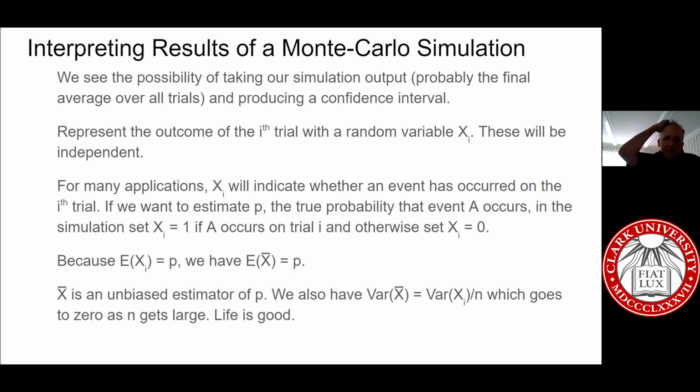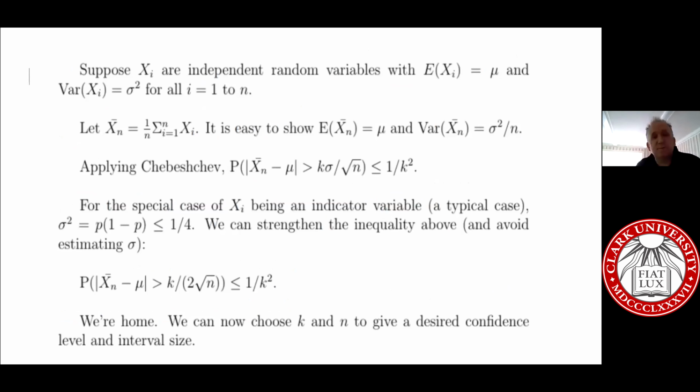Okay, so here it is in nicer math notation. I have these random variables, let's call the expected value mu, the variance sigma squared. I have a sample mean. It's easy to show that the expected value of the mean is the same as every Xi, and the variance is the variance, but now it gets divided by n, and that's the great thing. It gets divided by n, so it's decreasing. This is the other good thing about an estimator: low variance.